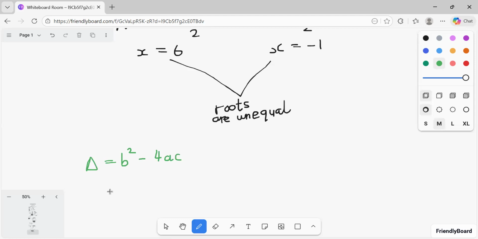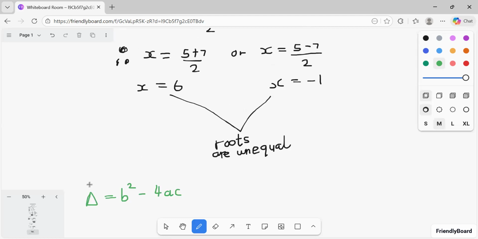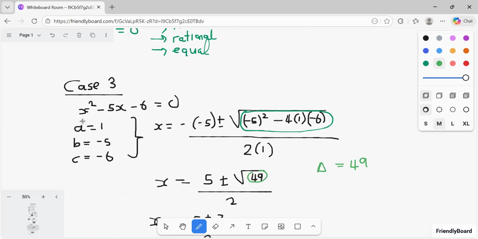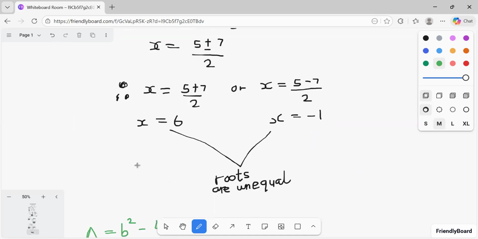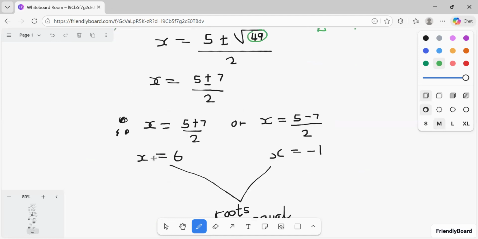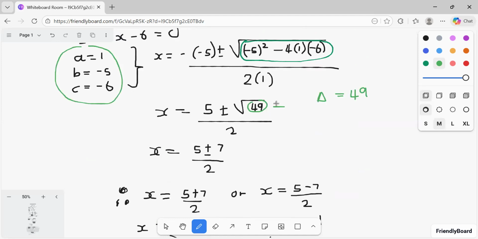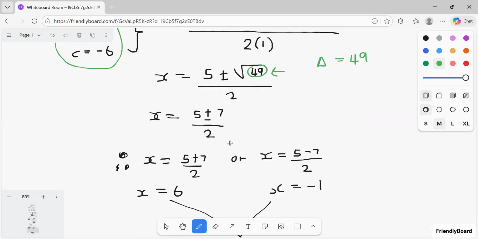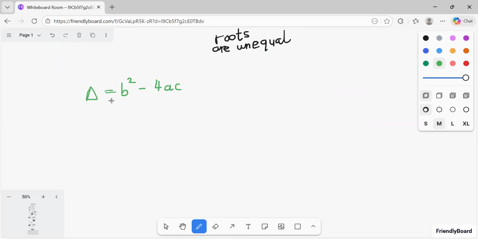If I sub in my a, my b, and my c, which I found right there, these are the values that I'm going to input in the delta formula and see whether I'm going to get 49. Remember when I circled here, I said this is going to be our delta. I just want to find out if it's going to give us 49 if I input the values into the delta formula.